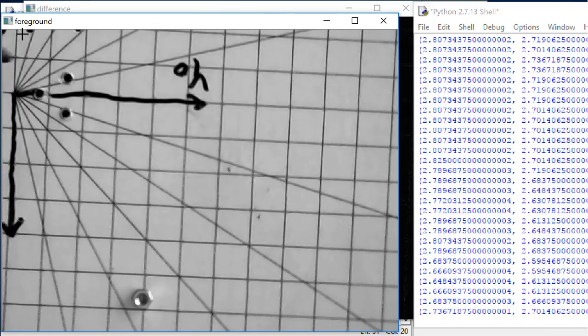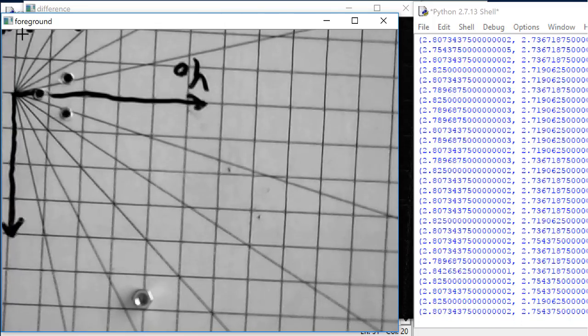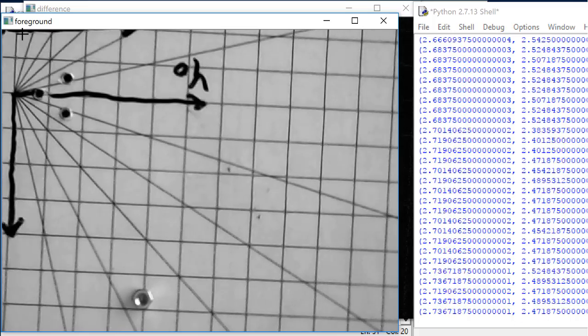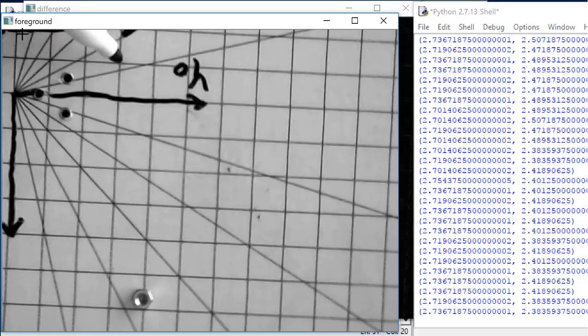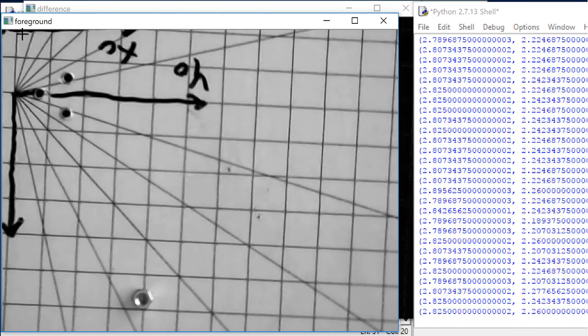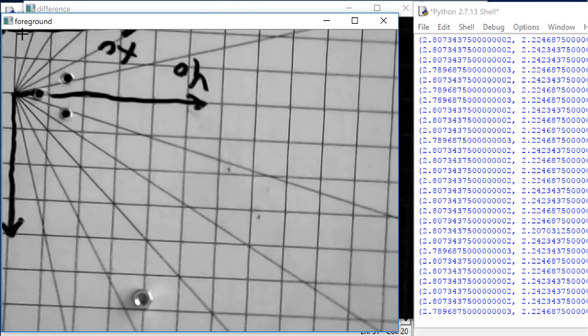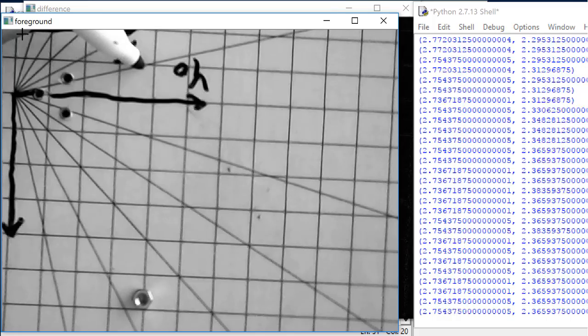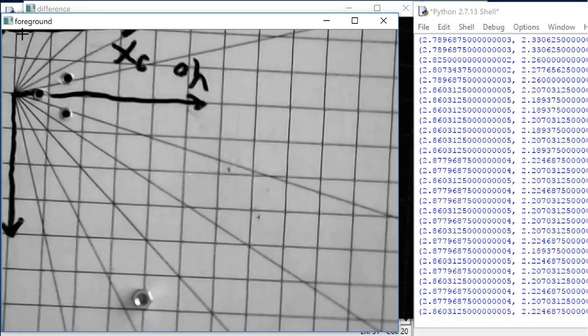And another dot. This is approximately my X in the camera frame, XC. It's upside down in my picture. Let me see if I can draw it right side up. There we go, that's XC.